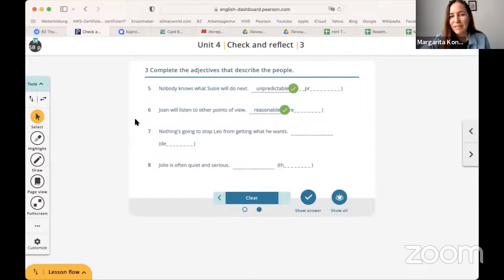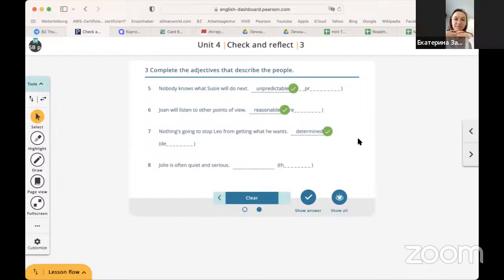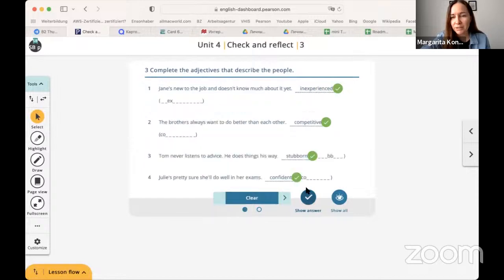But this is a positive one. Positive, determined. Okay, I'll help you. Determined. Yes, but that is good because we had stubborn here. That is a negative one.